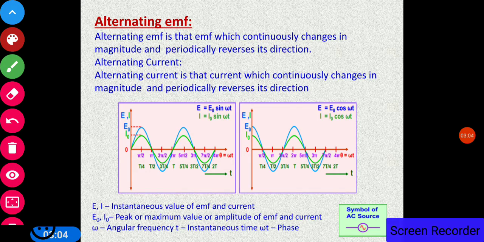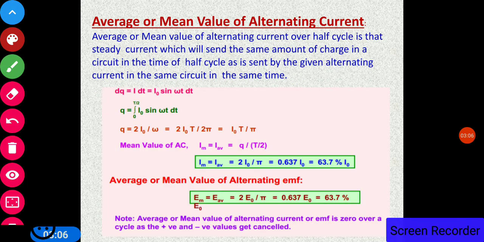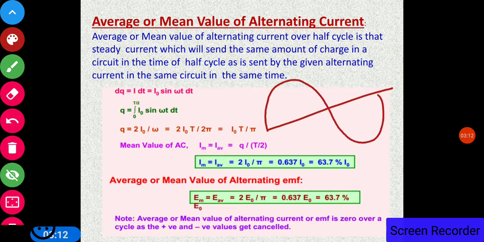Now we will find the average value or the mean value of the alternating current. As we know, alternating current is periodically changing. For the positive half cycle or the first half cycle its value is positive. For the next half cycle its value is negative.